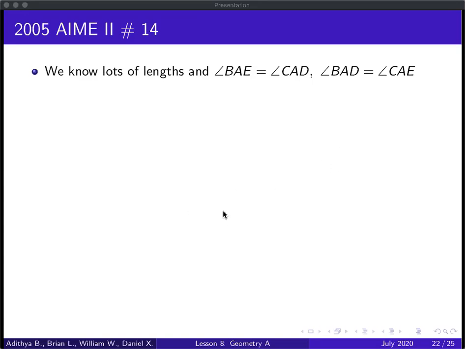They're not triangles that are congruent, they're just angles. BAE and CAD are equal. So the two angles at the top are equal. Actually, since we know that BAE is equal to angle CAD, we also know that BAD is equal to angle CAE.